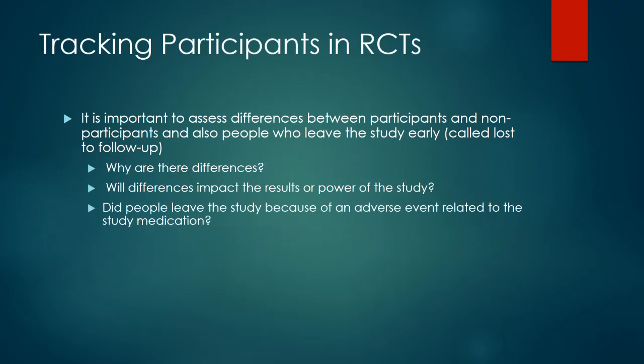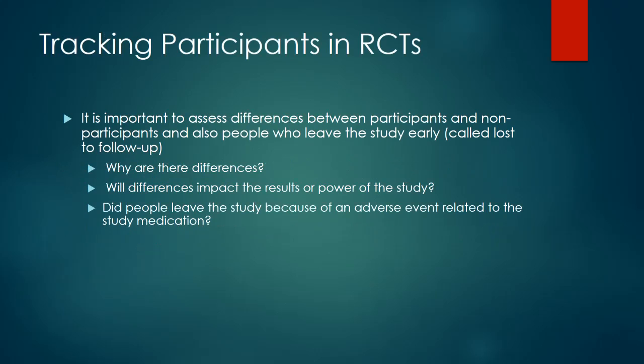As I mentioned before, it's important to track people along the way and understand why they're lost to follow-up. The reason this is important is, again, because it might induce bias into our results if people are leaving in a systematic way. It could also impact the power of our study. So typically when we design a study, we want to make sure that we have statistical power to detect associations.